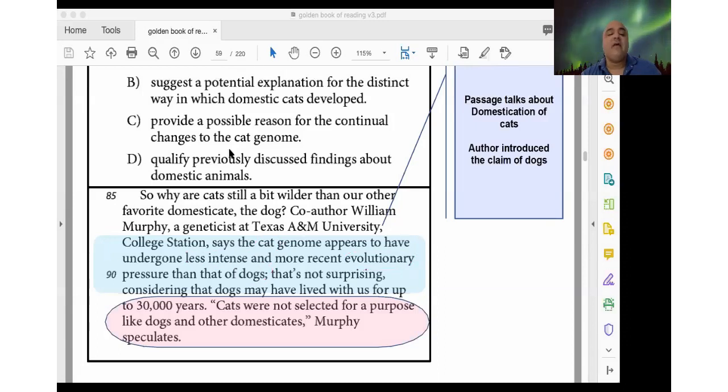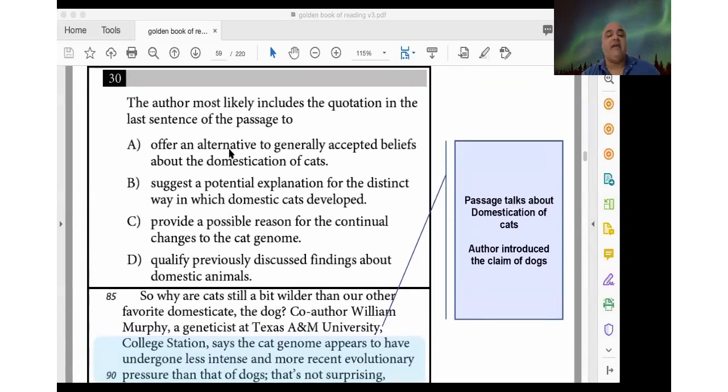Choice A, he gives an alternative to generally accepted beliefs about the domestication of cats. Yes, it does talk about the domestication of cats, but he did not offer an alternative. He did not introduce an alternative.